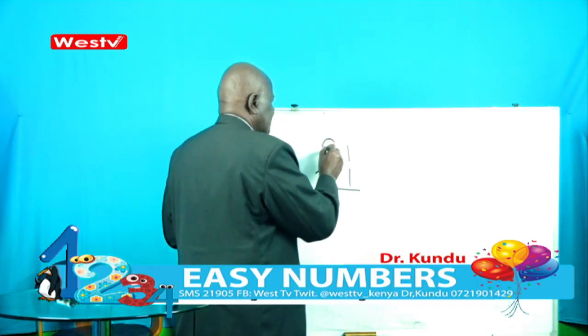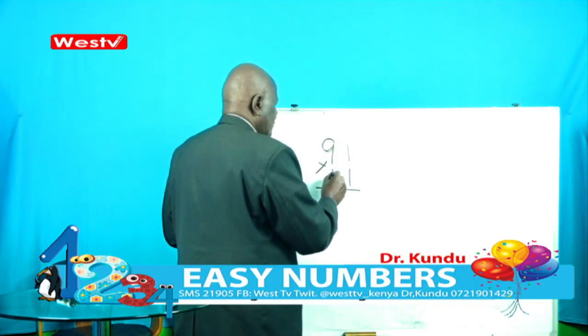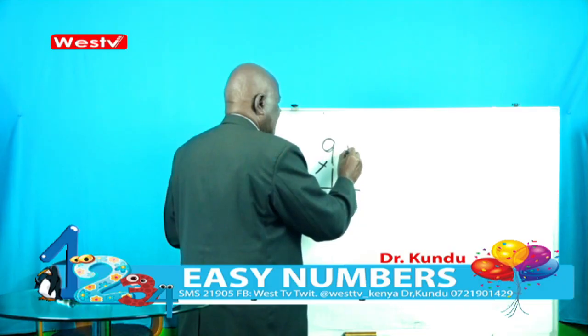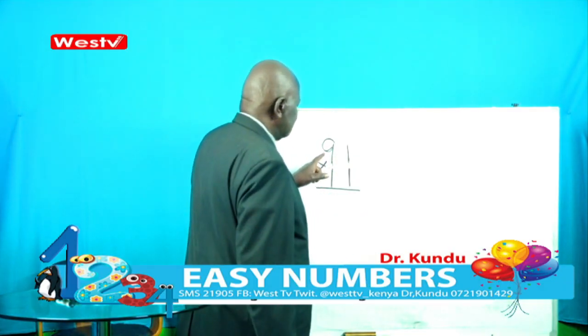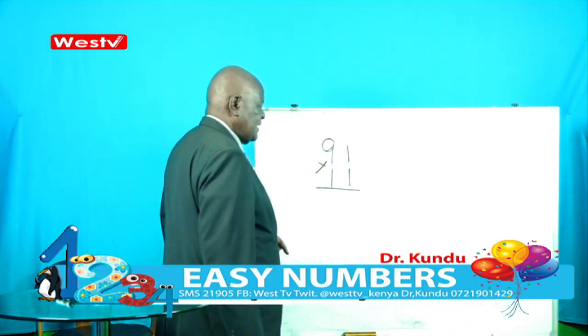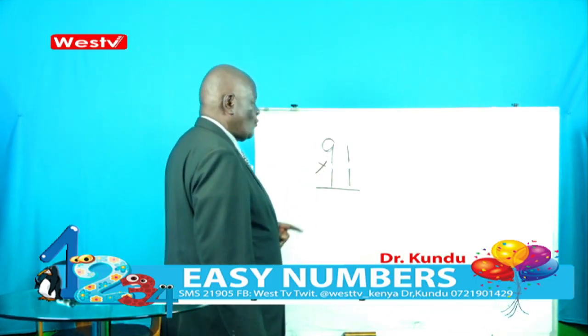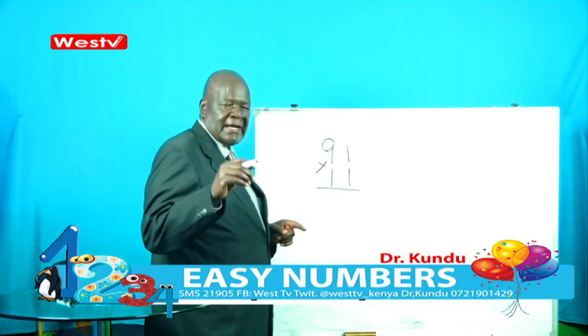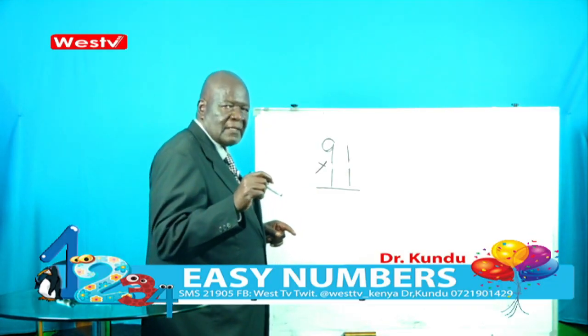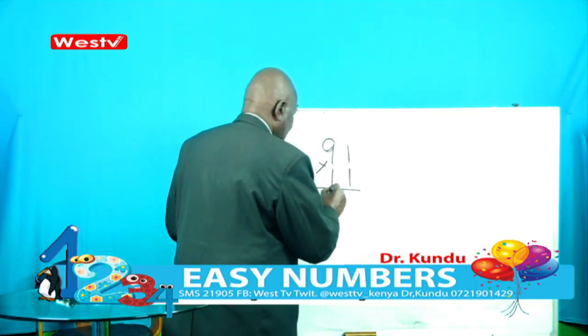So once you have such numbers, what do we do? We multiply the left numbers 9 times 1, which is 9, and quickly add on the common 1, and therefore it becomes 10.